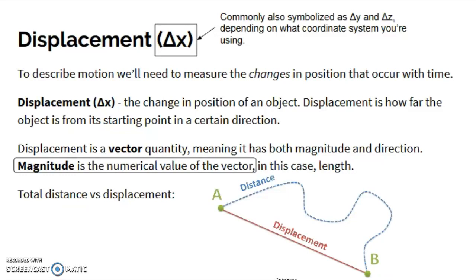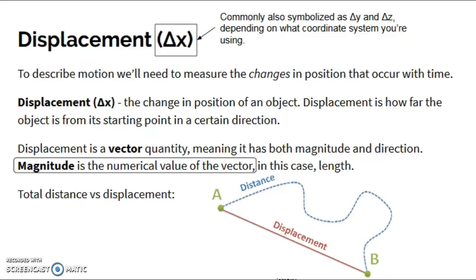So to think about displacement, I kind of have a picture here. Displacement kind of goes hand in hand with distance, though they're not the same thing. So displacement is the straight line distance from point A to point B here. And we also have to indicate direction. So that's how we describe the displacement here.